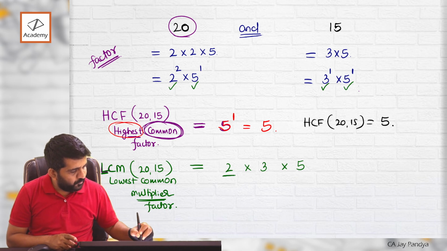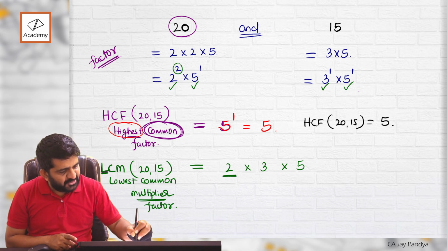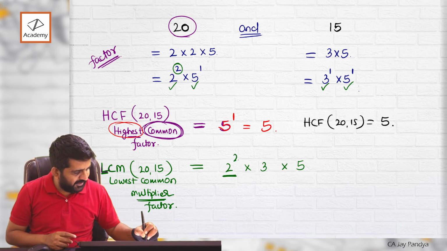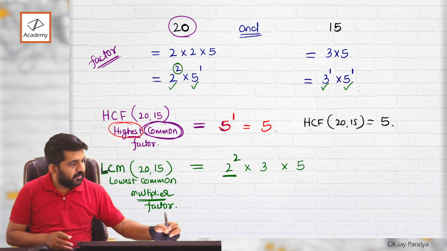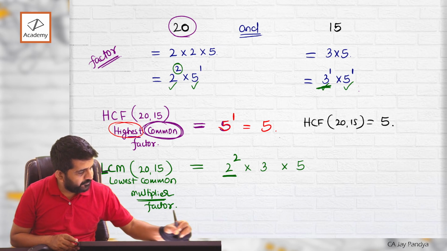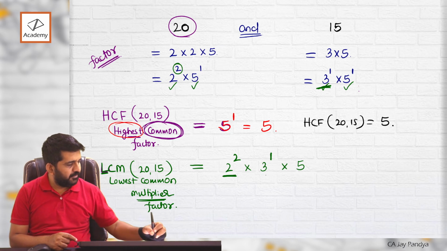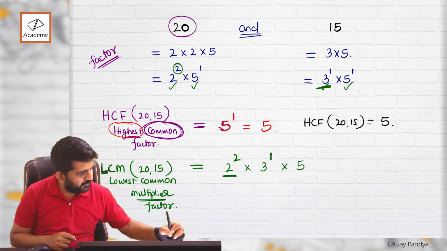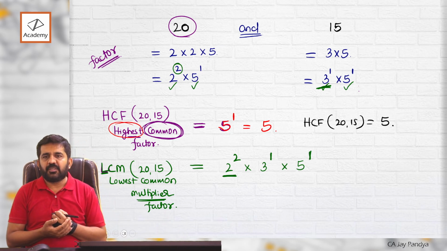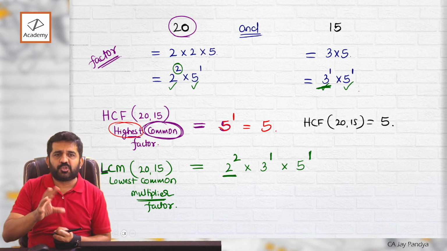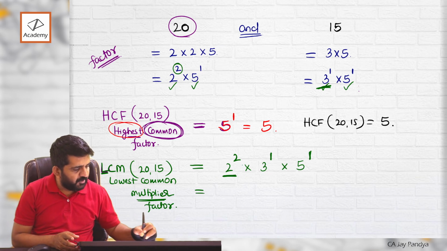So 2, highest is 2, there is no other 2, so I will be taking 3 raised to 1, 5 raised to 1. Here there are no less and more, so there is no much confusion, but we will be taking some.